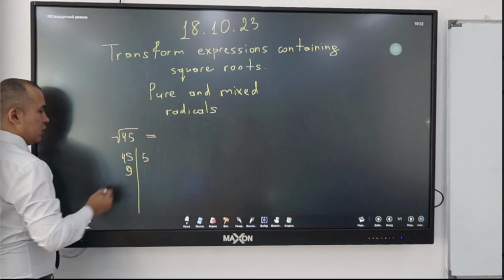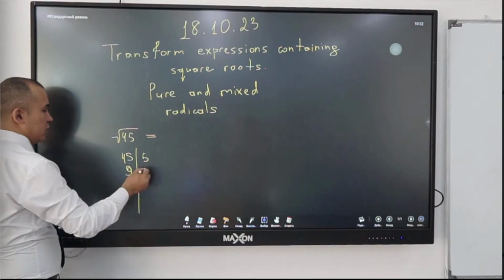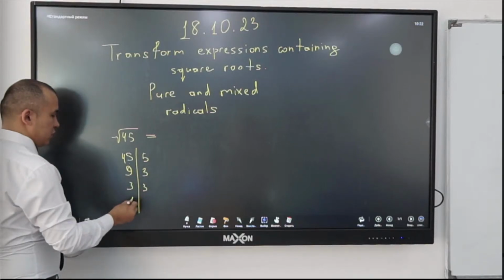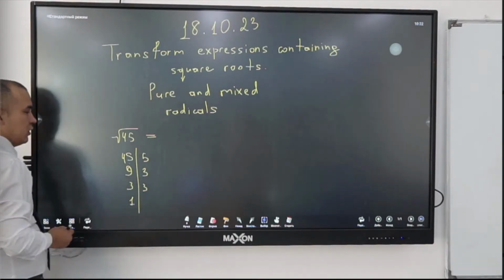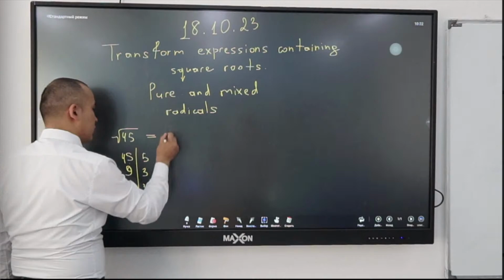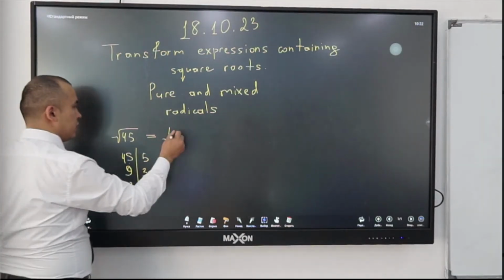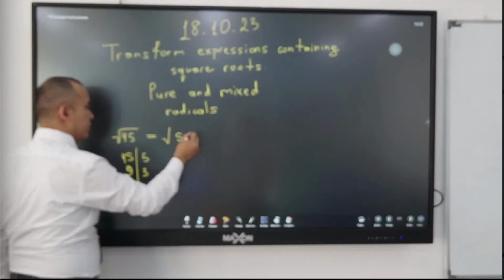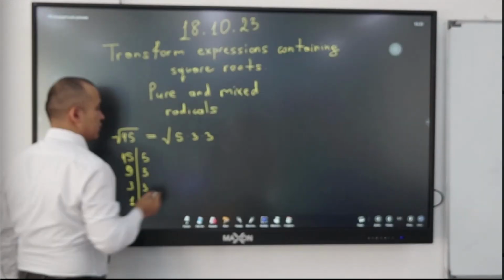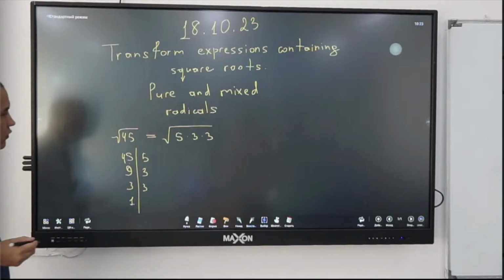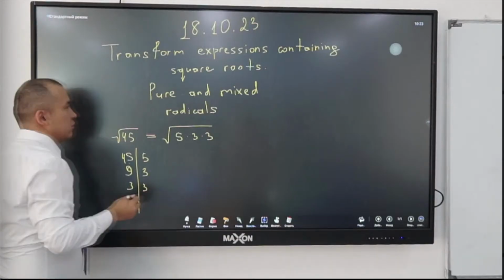Also 9 will divide by 3, and 3 will divide by 3. It will be 1. Let's write under the radical 5 times 3 times 3. And let's convert this number into mixed radical.